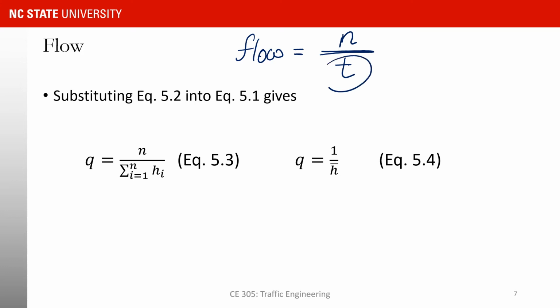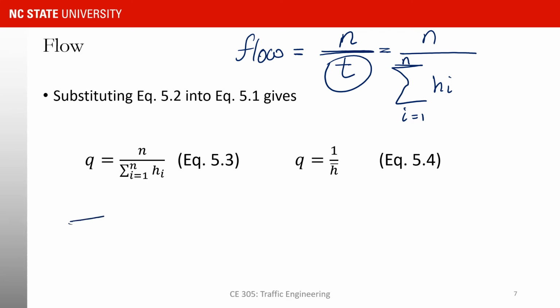So rather than T here, I'm gonna write the summation of H_i from first to the last. And what that means is that I have N plus 1 vehicles, but N of those vehicles have passed my marker.